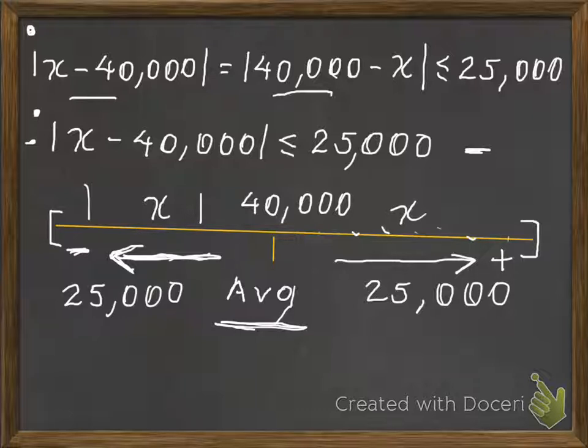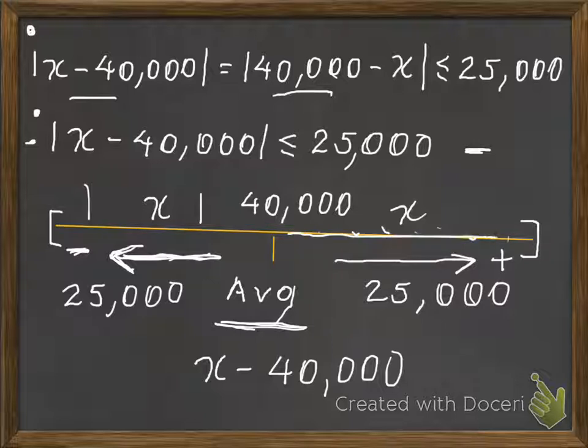Right? So this difference could be, now remember, the difference is the difference between here and here, average and actual, and the difference between here and here. This difference could be less than or equal to the size of 25,000.